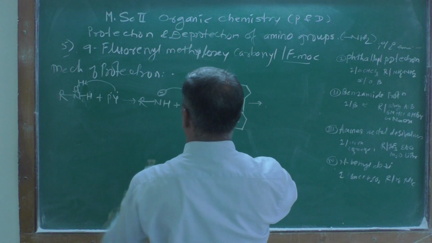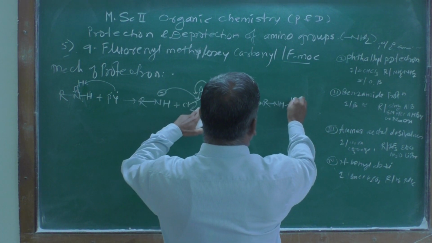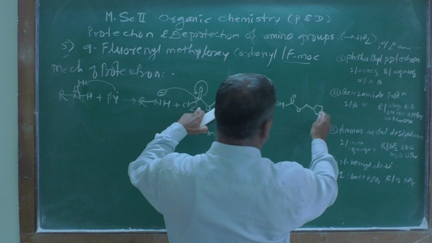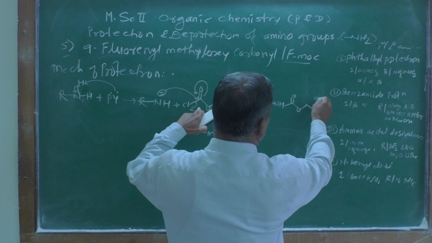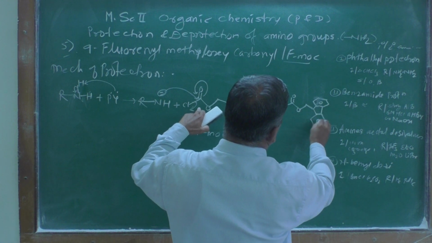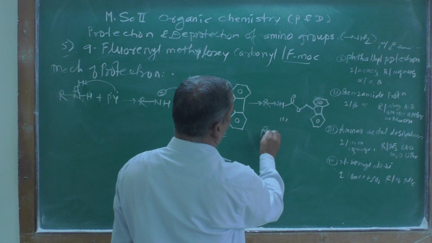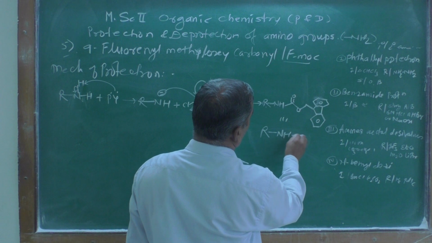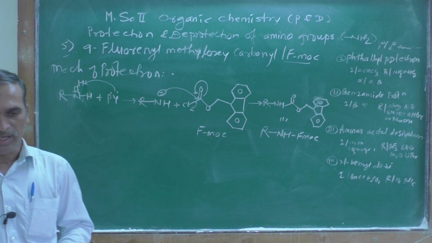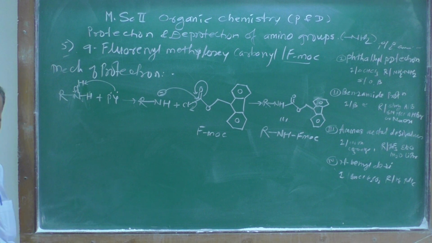You are going to get R, then NH, then C double bond O, CH2, attached to the 5-membered ring, with a benzene ring attached on both sides. That is the simplest way to represent it, or in short we can write R NH Fmoc, right? So this is the mechanism of protection.